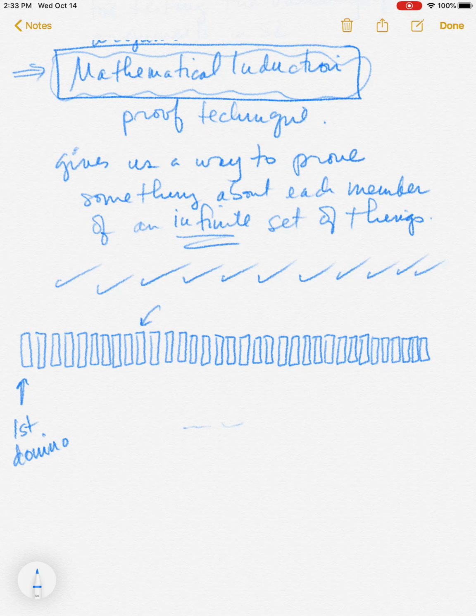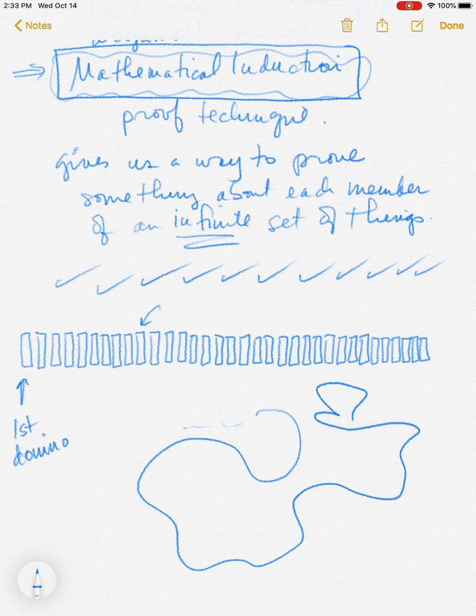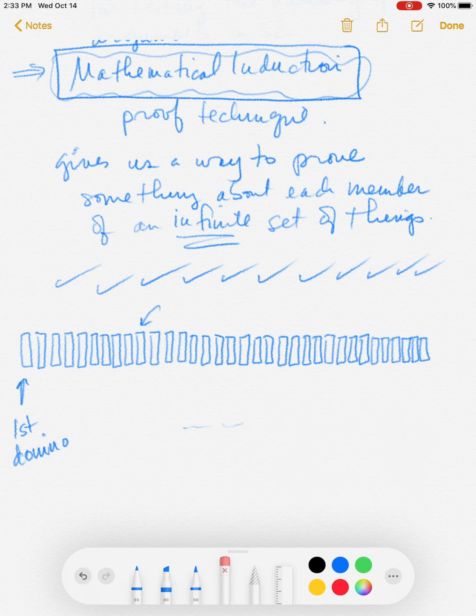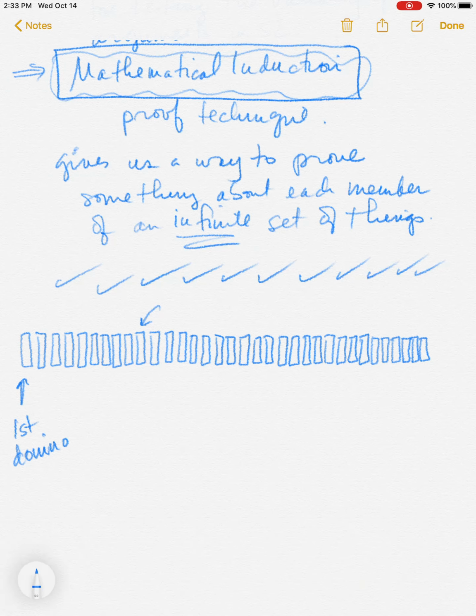And imagine that this line of dominoes, well, it might do all kinds of curvy things, right? But imagine that this line of dominoes is infinitely long, and it kind of feels that way when you're setting these things up. So imagine that the line of dominoes is infinitely long.